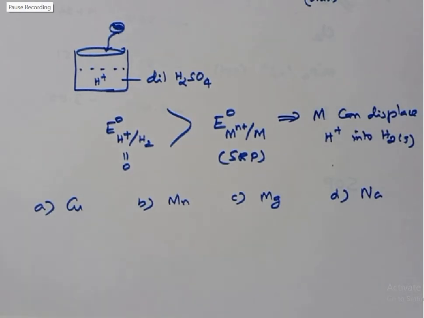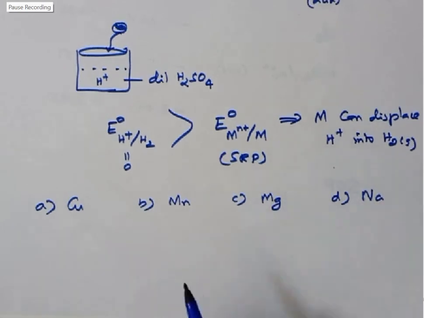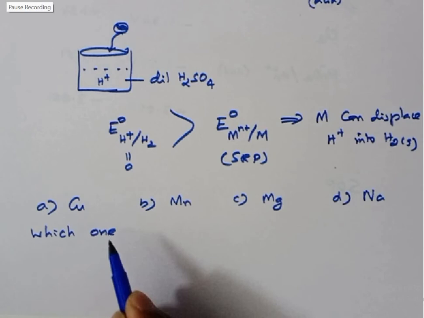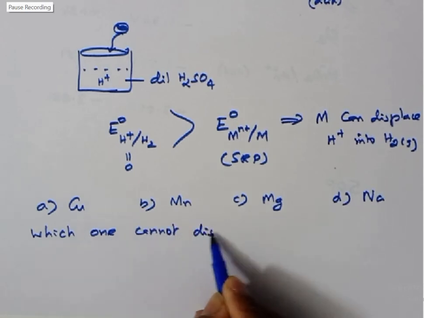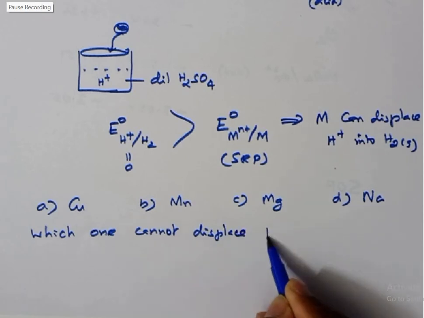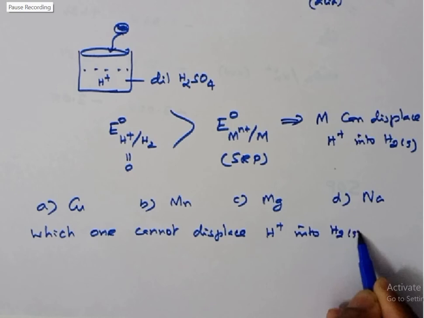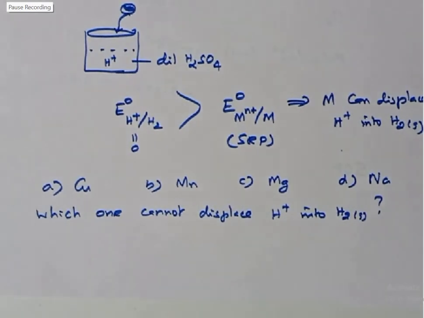I'll give the question like this: among these, which one cannot displace H plus into H2 hydrogen gas? How to identify that?